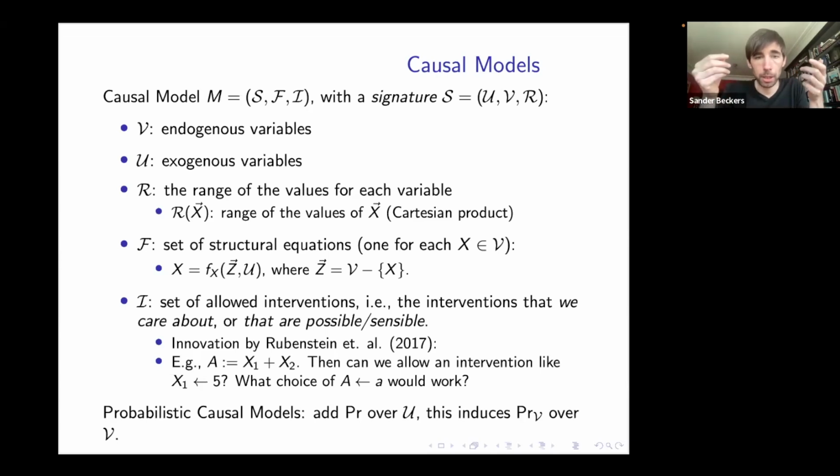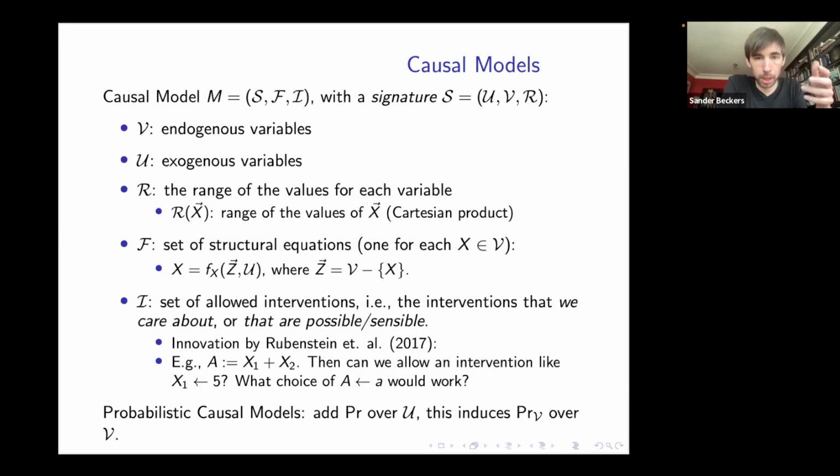Now, of course, in practice, not all of these variables might matter for determining X. So in practice, what we usually do is we restrict the function F_X to its parents, which is how we speak about it. And the parents are precisely those variables which actually matter. But to make it as clean as possible, you should actually say it's a function over all the other variables. Now, these are all common aspects of a causal model.